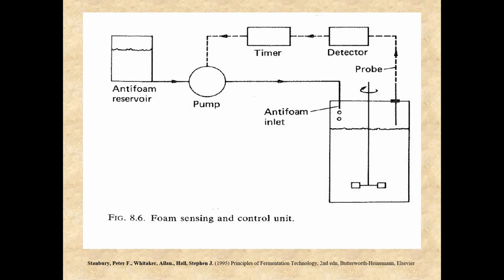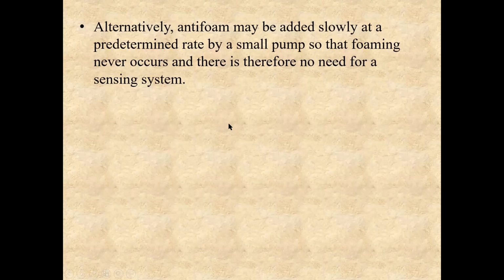Now, is there any other alternative to control the foam if we don't use this system? Alternatively, antifoam may be added slowly at a predetermined rate by a small pump so that foaming never occurs and there is no need for a sensing system.